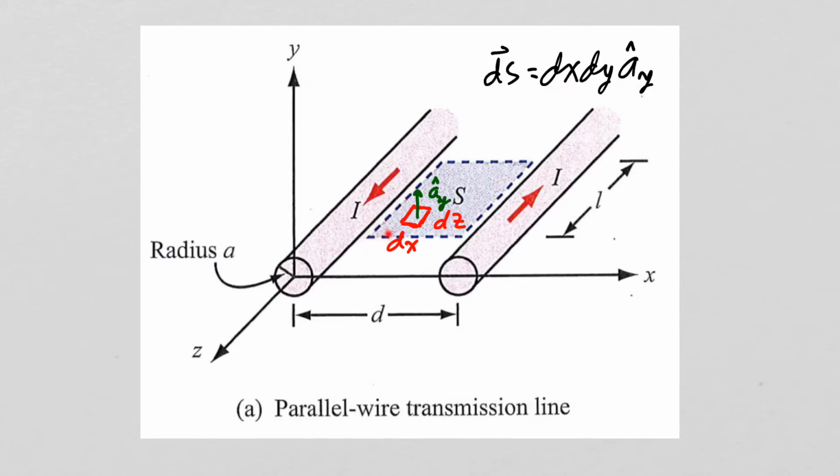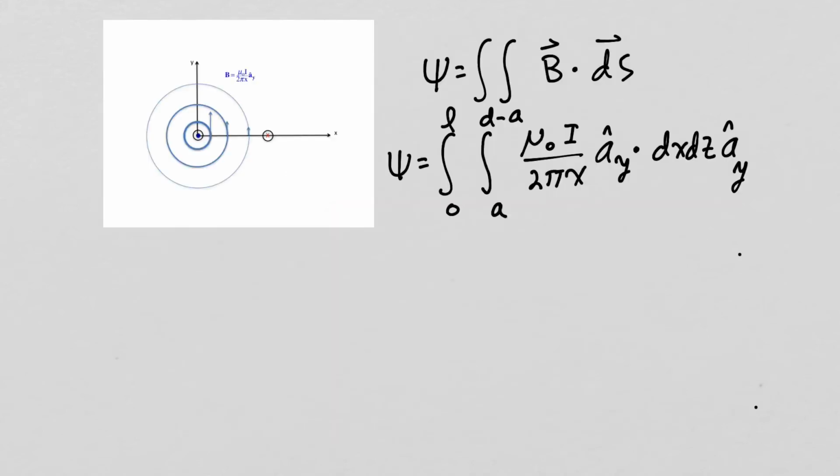So the magnetic flux through this surface due to the wire at x equals 0 will be the integral of B dot dS over that surface. So let's substitute in for B and our dS, and we're going to integrate in the x direction from a to d minus a, that's the spacing between the wires, and from 0 to L in the z direction.